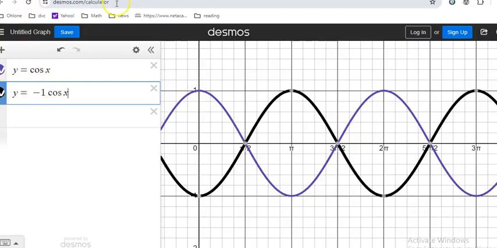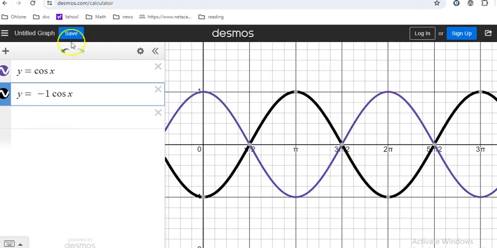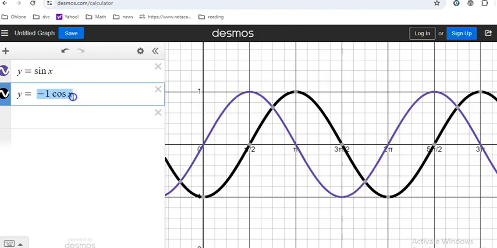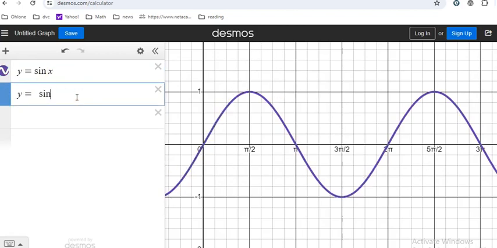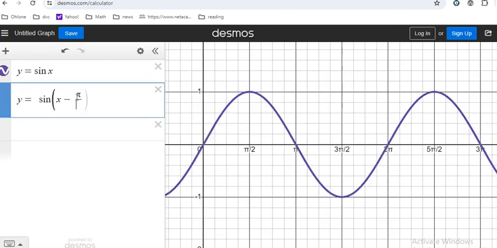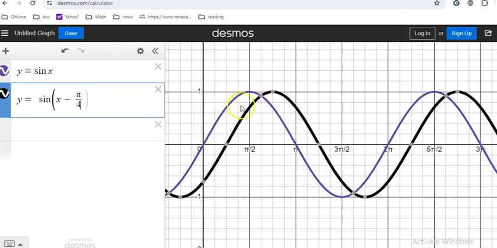So for example, let's do a sine function, and then I want to do sine of x minus pi over 4. You will see that it's moved. The purple one is the original sine function.